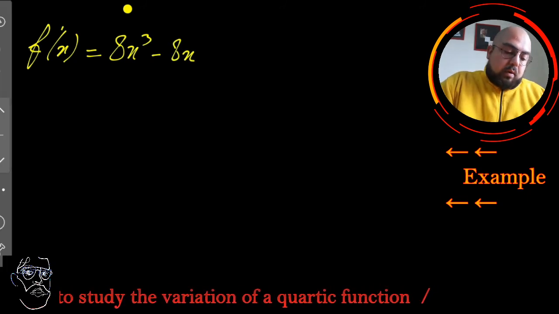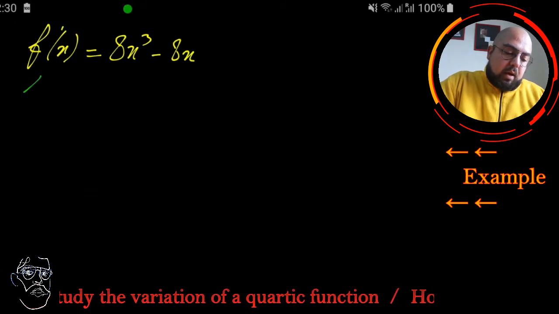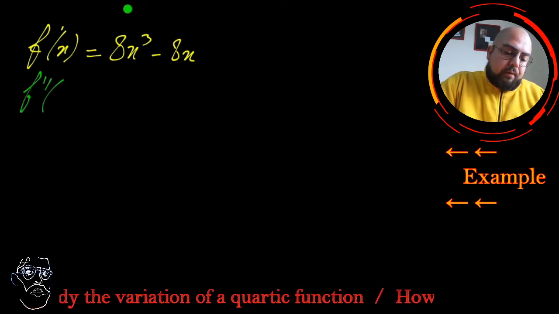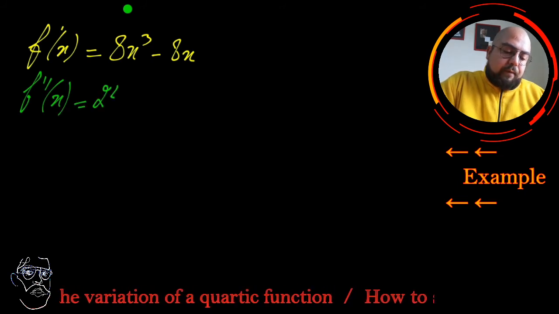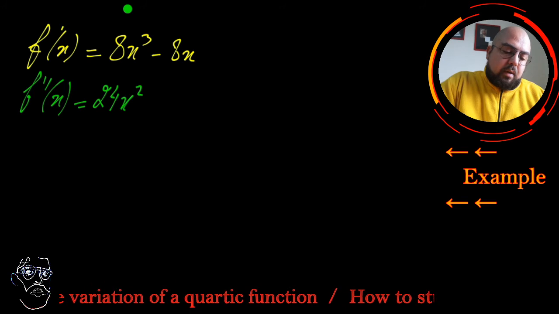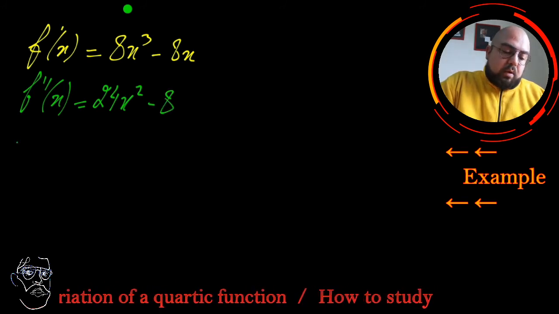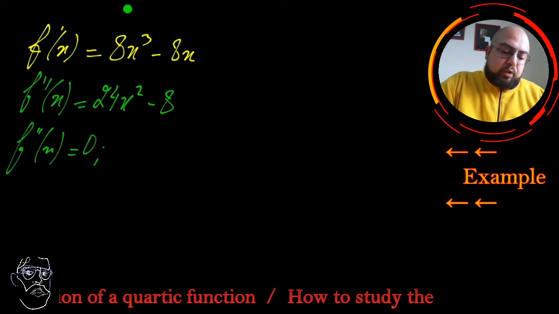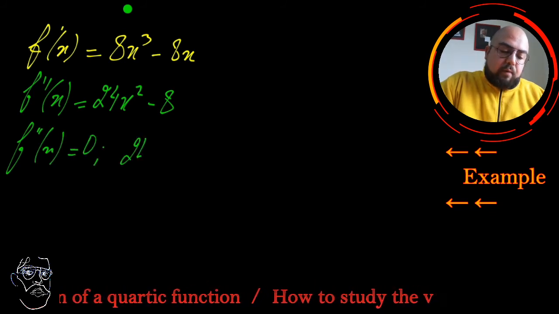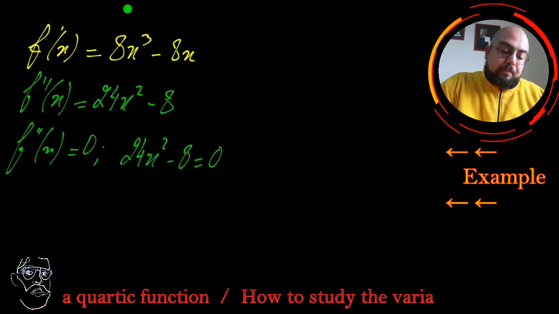So I'm gonna calculate f double prime of x, which is equal to 24x squared minus 8. So f double prime of x is equal to 0, which means 24x squared minus 8 is equal to 0.